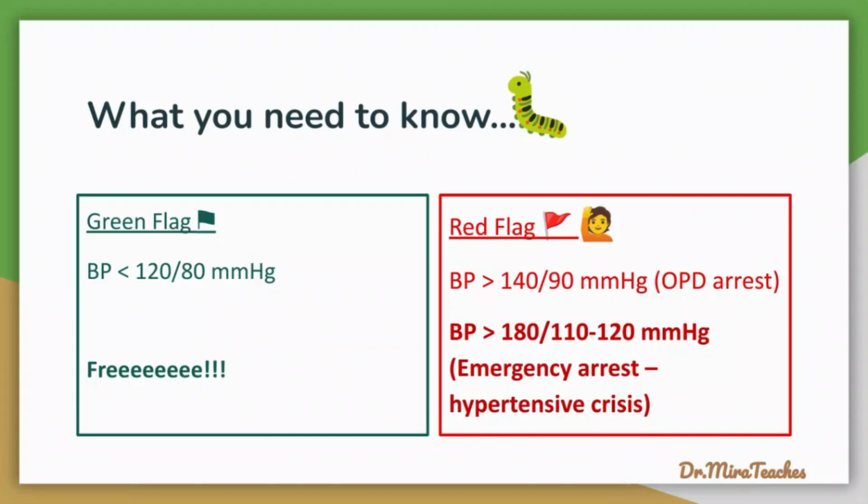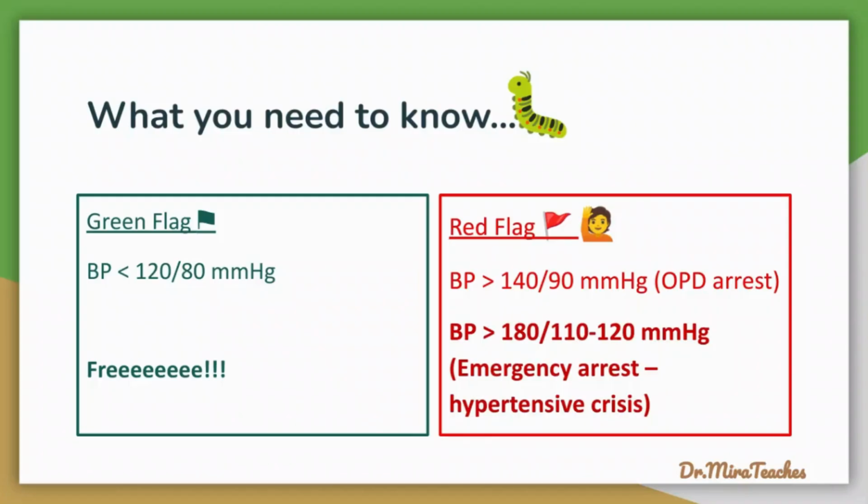Okay, send the patient to the OPD and do your thing. But a BP of 180 on 110, so in our part of the world, we use 110 as our benchmark for the diastolic. Okay, 110 to 120 millimeters of mercury. You send the patient straight to the emergency because the patient is having a hypertensive crisis.